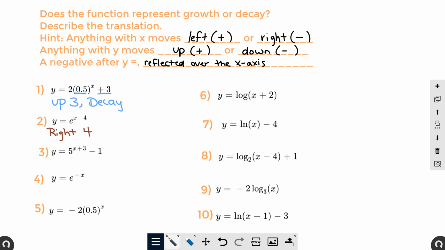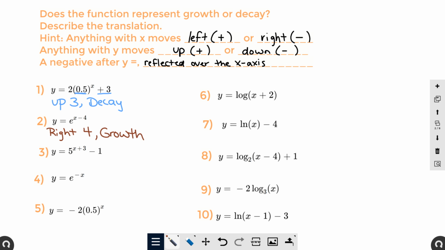It's not 0. B is the base. What is the base of the exponent? E. What is E about? Does anybody remember? It's about 2.7, which is more than 1, so it is a growth. So look for that value of B.